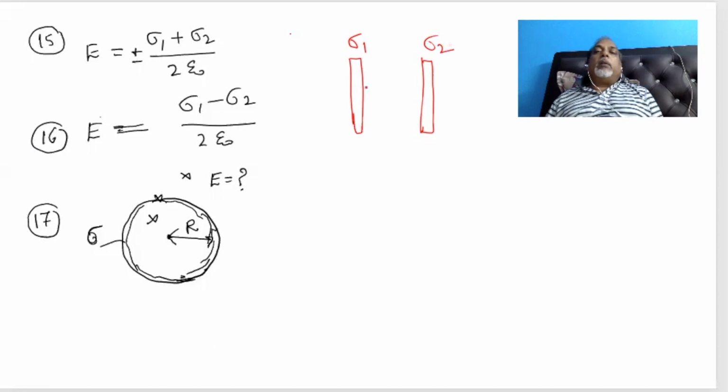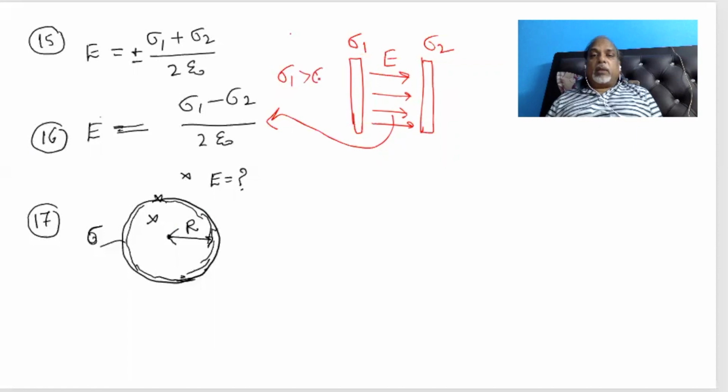What will be the internal electric field? It will be given by this formula. We have to take care of the minus sign if it is there. If it is minus, naturally here it will become plus. Please remember this.